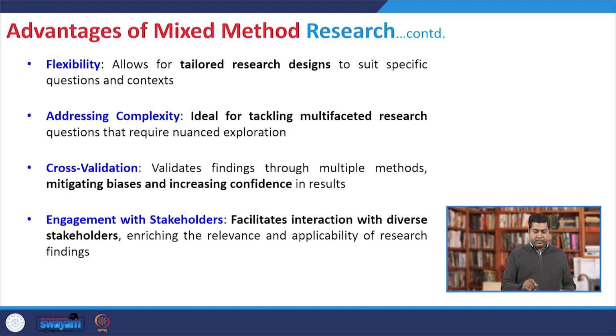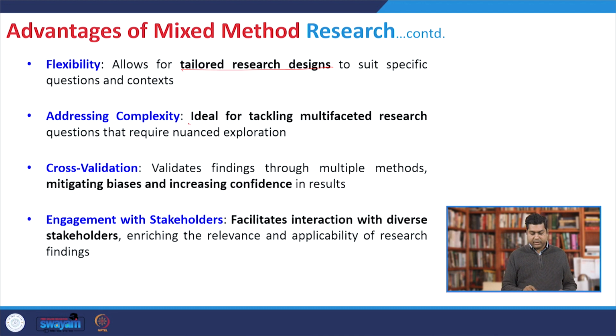Flexibility. So, mixed method allows for tailored research design to suit the specific question and context. So, it is not like you have only one kind of approach or design for mixed method. We have discussed four, so you can apply any one based on your requirement. Addressing complexity.